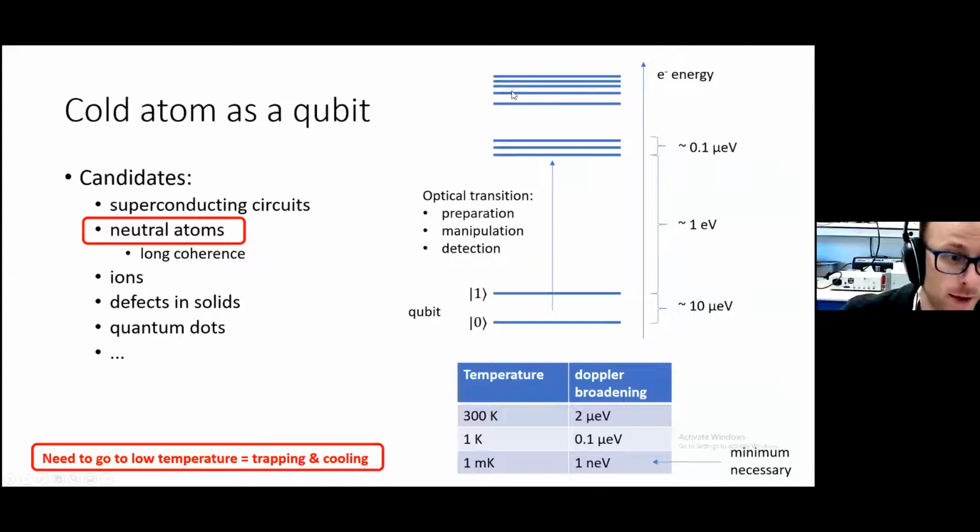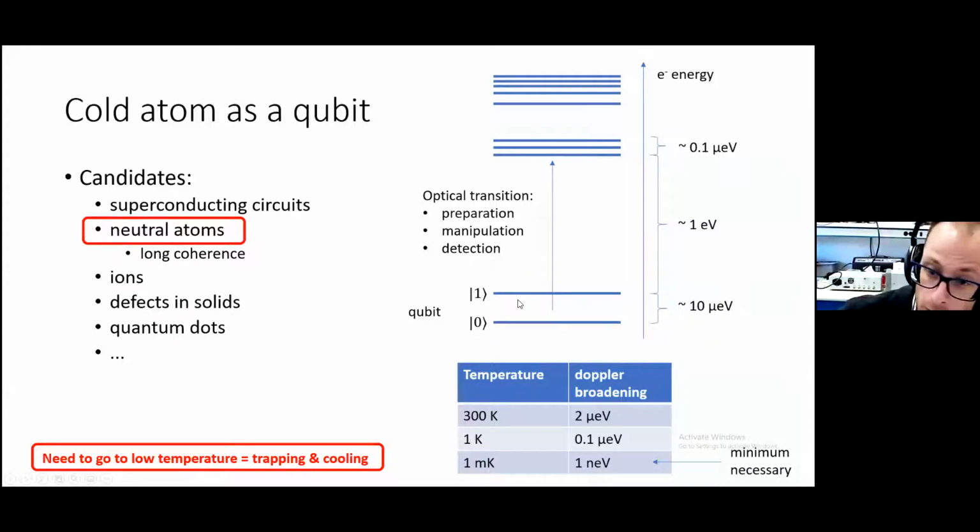Here's a typical energy diagram of an atom that consists of an infinite number of discrete energy levels. And generally, the qubit is just encoded on two very stable states in the ground state.